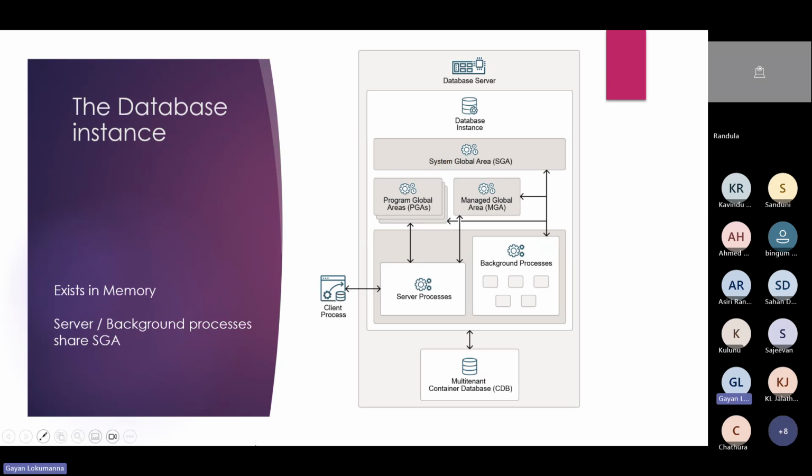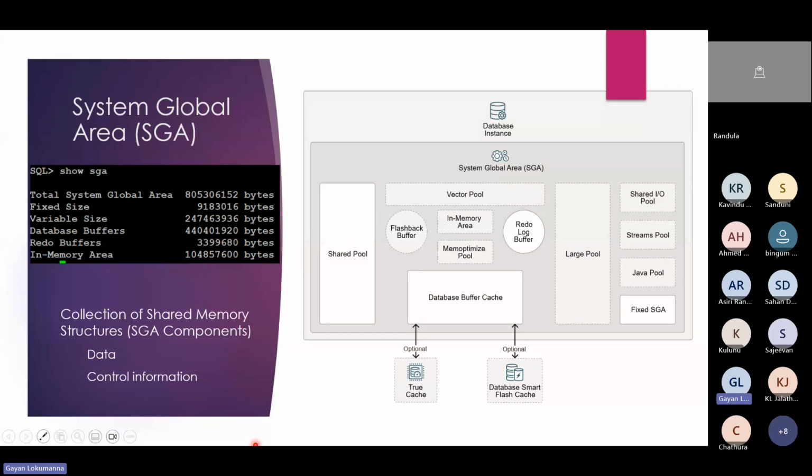Let's go to the next section, where we talk about the System Global Area. Formerly this was also called the Shared Global Area, but nowadays we just say SGA. SGA is basically a set of shared memory structures.